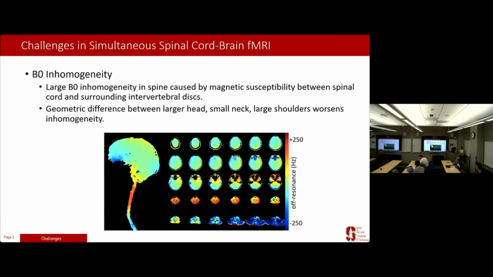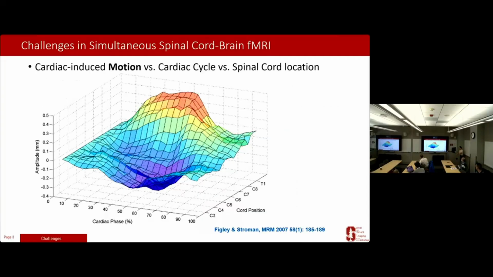If you have an agar phantom, it's uniform, but if it is shaped like a head and then the neck and the shoulder, like we have one in our lab, that itself is difficult to shim. So as you can imagine, putting a real person inside is even more difficult. As you can see in these field maps, there are a few hundred hertz of off-resonance along the brain and the spinal cord. To address this field inhomogeneity challenge, we use a dynamic per-slice shimming method.